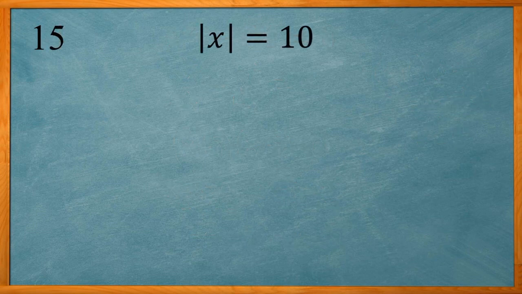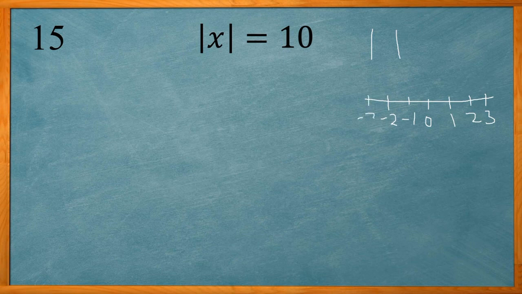Now this one looks different than the other ones we've done before. These vertical lines mean absolute value. So absolute value is how many units you are away from 0. If I look at the number line, I have 0 in the middle, 1, 2, 3. On the left side you would have negative 1, negative 2, negative 3.